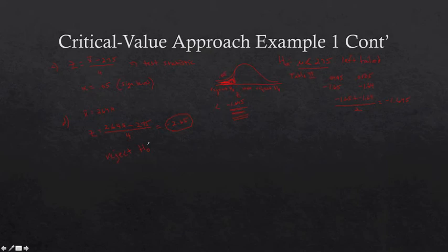Okay? So, how do we interpret this? Well, we say at the 5% significance level, the data provides sufficient evidence to conclude that Jack's mean driving distance is less than he claimed. So basically what we're saying is that at 5% significance level, the data supports us to reject the null and accept the alternative, which is Gene's hypothesis that his driving distance is not 275.